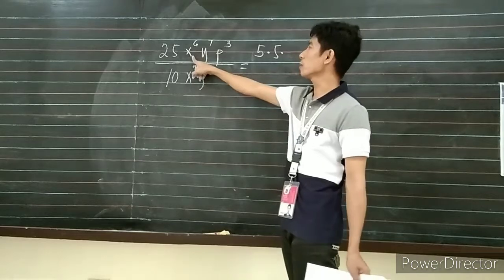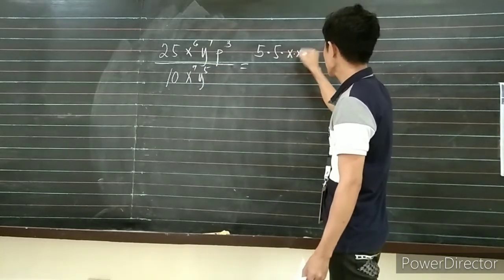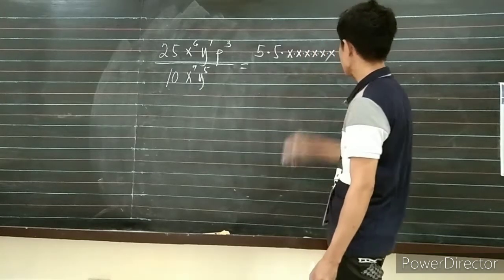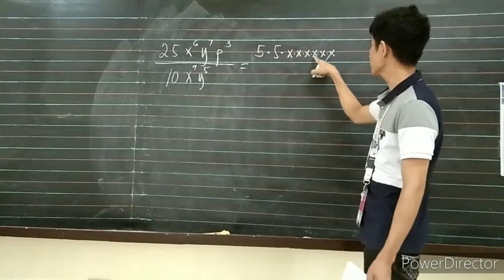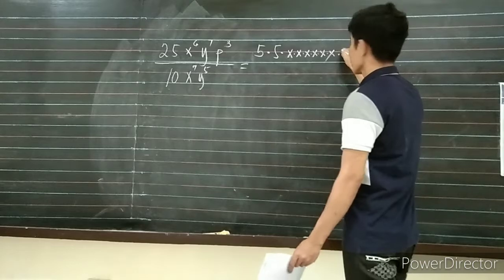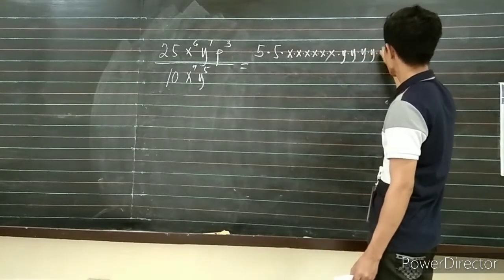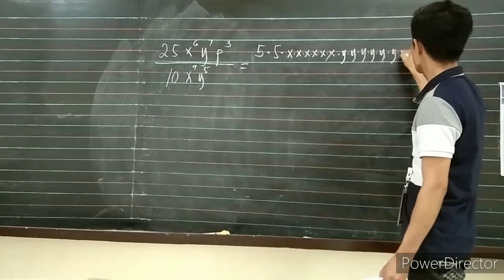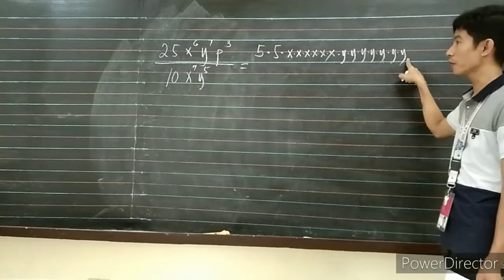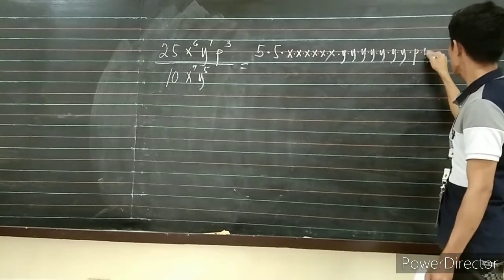The factor form of x to the 6th is x times x times x times x times x times x, 6 x's. The factor of y to the 7th is y times y times y times y times y times y times y, there are 7 y's. And p cubed is p times p times p.